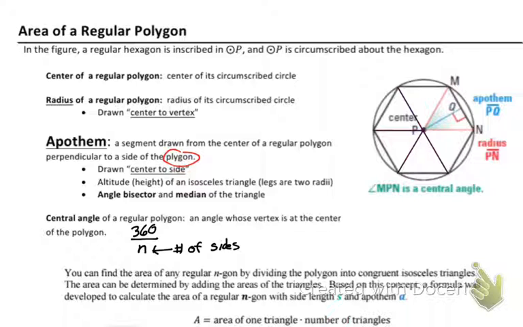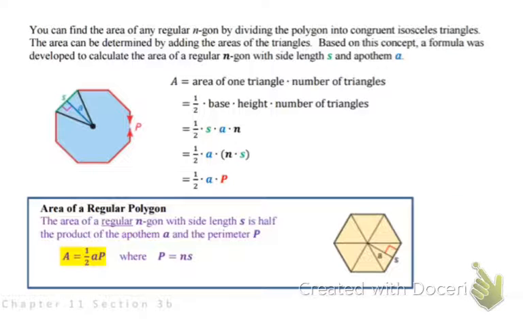So all I need is the height of this, and I need this length here multiplied by how many there are. And I have the area of that. And that's what we start with. We start with the area of one triangle, multiply that by how many triangles we have. Well, the area of one triangle is half of base times height, right? So we have half of base times height.